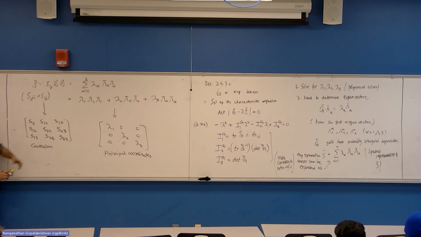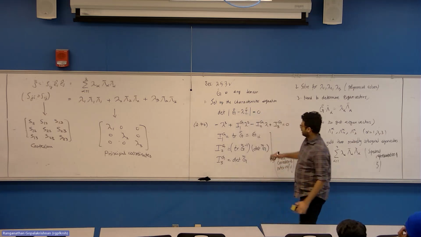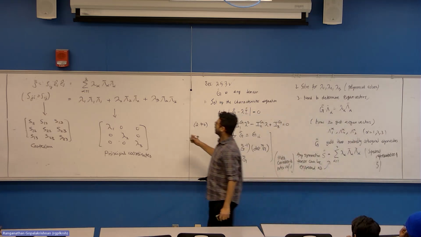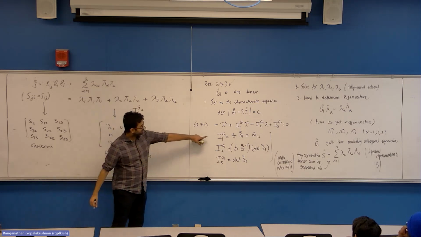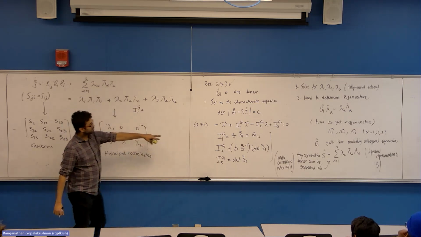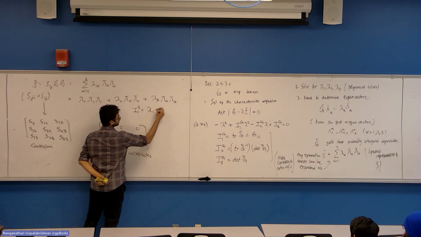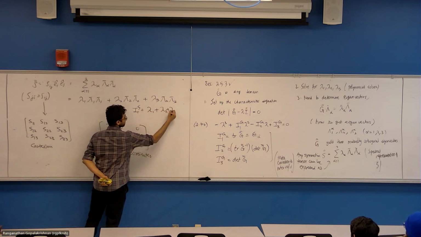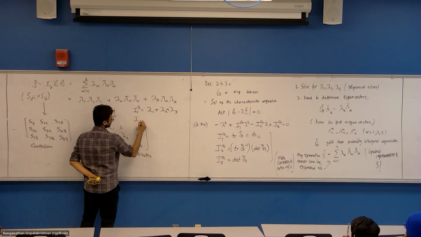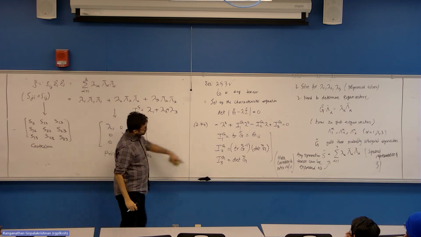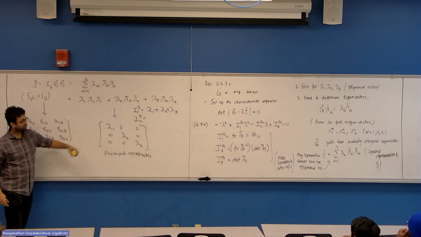So in this representation, can you compute what these quantities are? The I1s. What are the principal invariants? I1 is the trace of the tensor. Trace is nothing but the sum of the eigenvalues. What is I2? Trace of the inverse tensor. What is the inverse of this tensor?